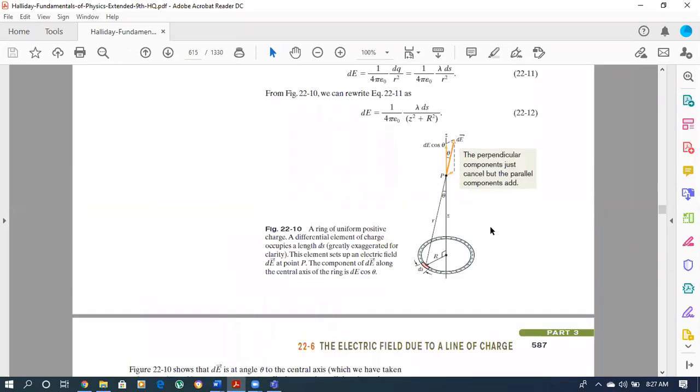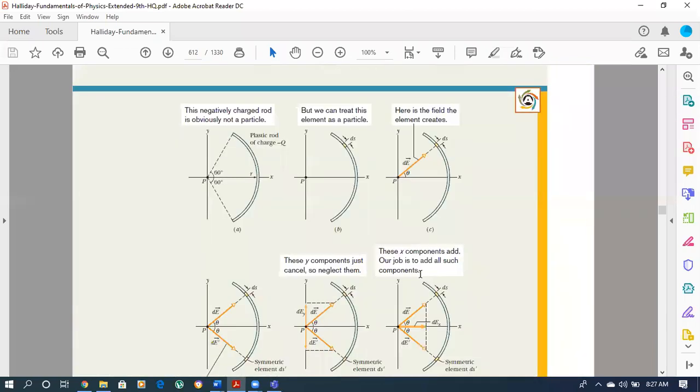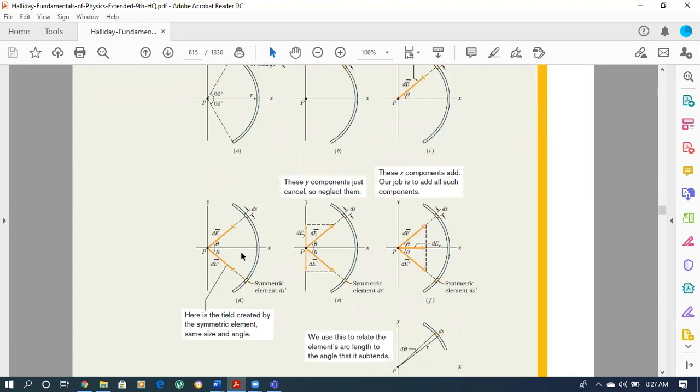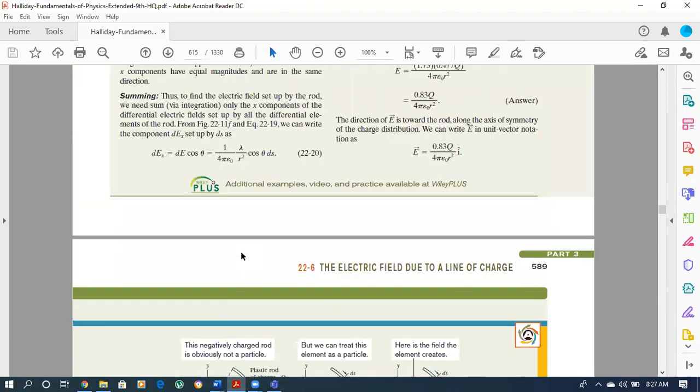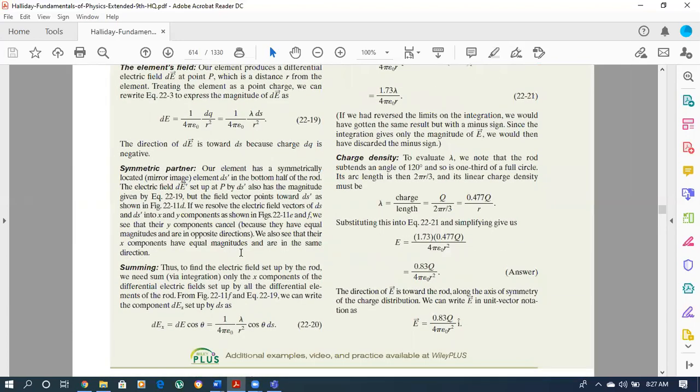If you are given some arc length like the situation in this figure, what will be the electric field at point P? Again, consider some differential element length of a particle, and then, because you are given the angle, you will put the values of this angle.